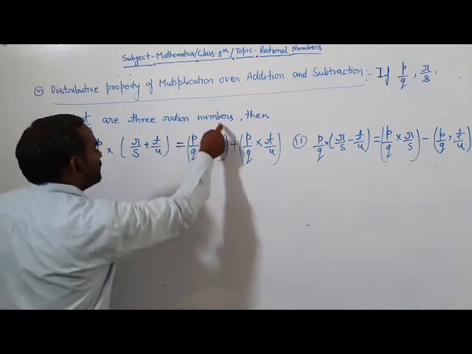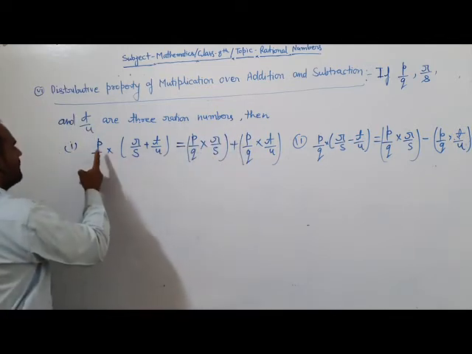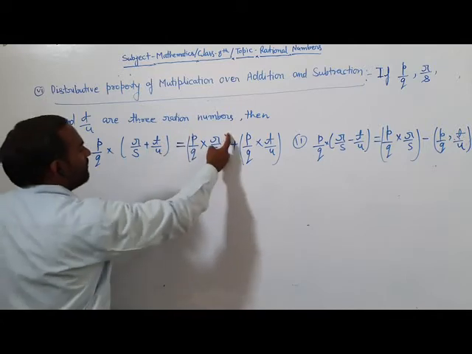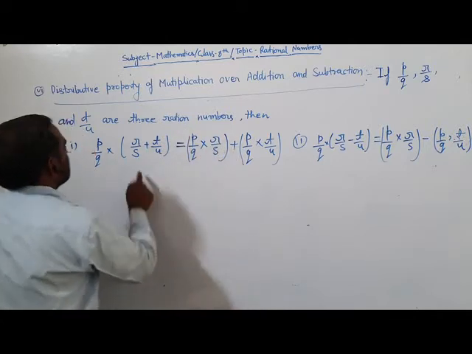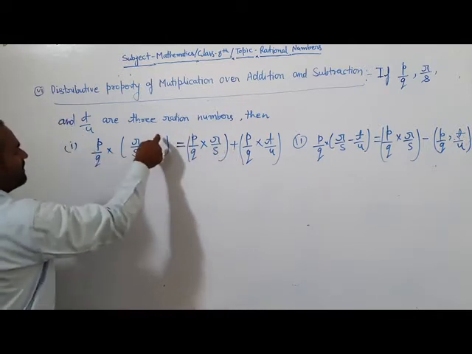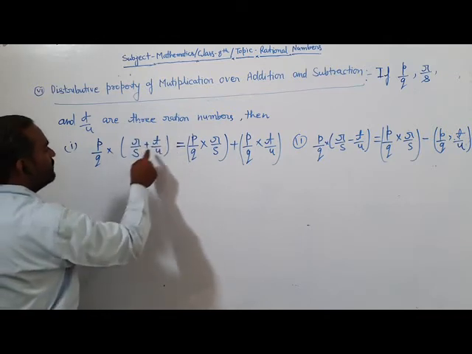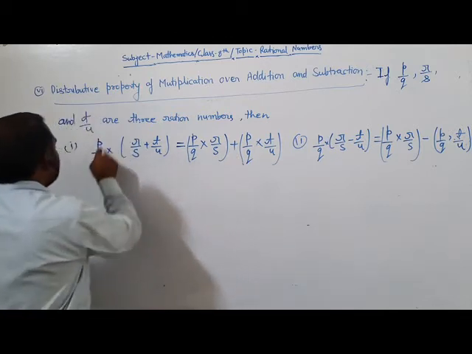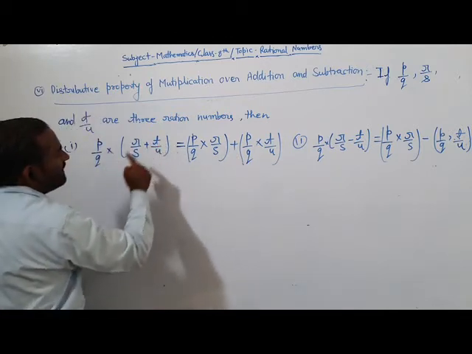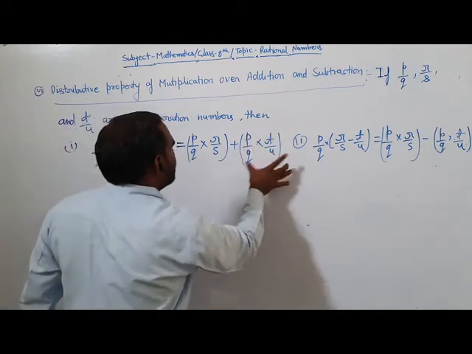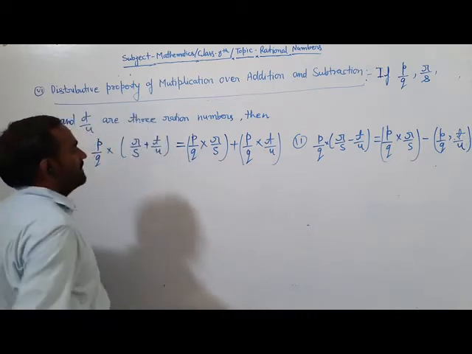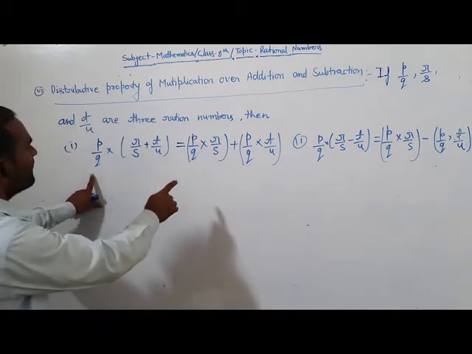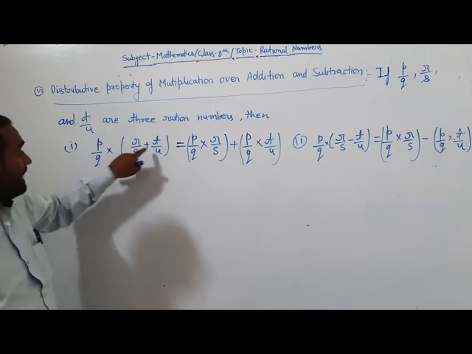Then, since there is a plus before it, we write plus, and p by q is multiplied with t by u. Both sides are equal. This is called the distributive property over addition.